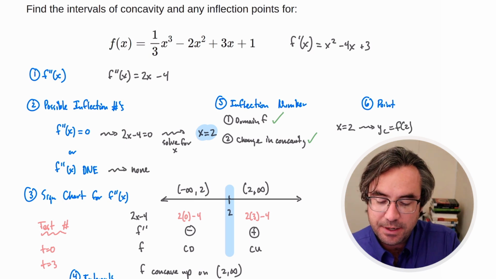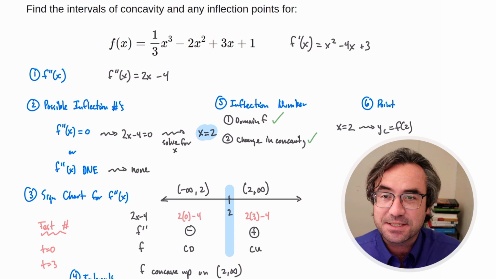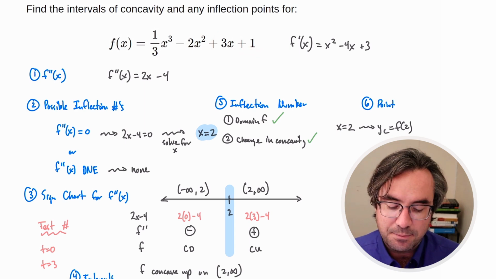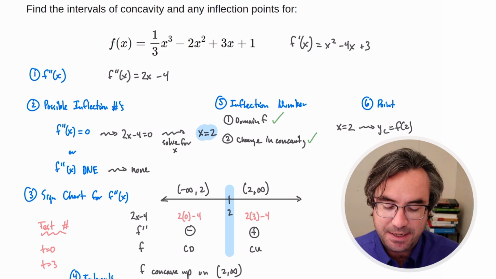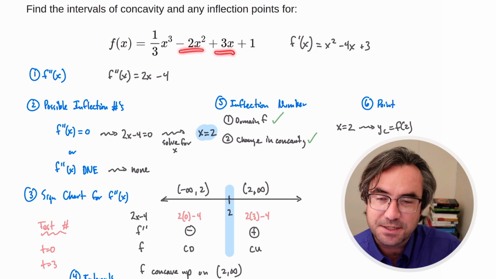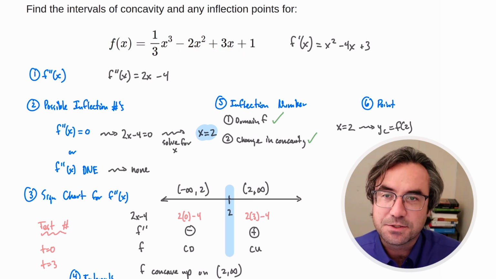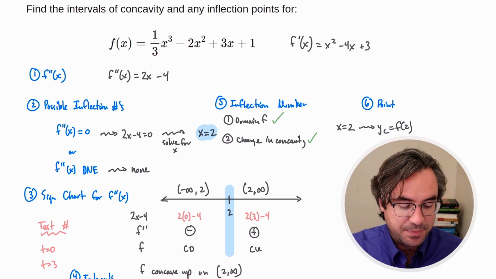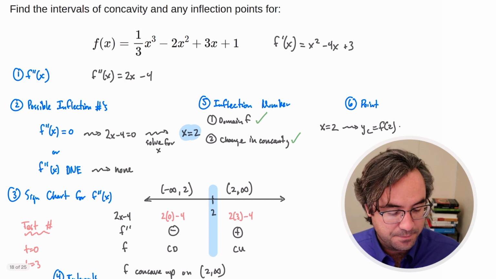In this case, if we plug in, we get 8 over 3 minus 8 plus 6, so minus 2, plus 1. So what is that? Negative 8 plus 6, that's negative 2, plus 1, negative 1, and then we have 8/3. So this ends up being 5 over 3.